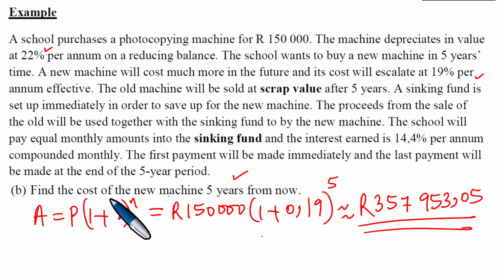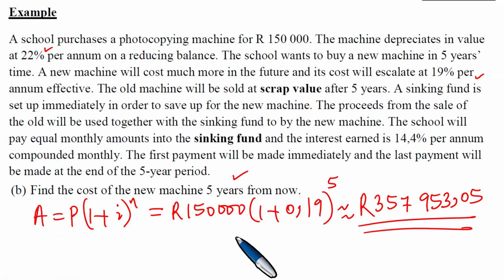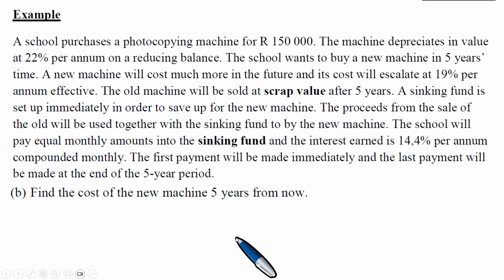If we want to find the cost of a new machine, we have to use the 19% there, and we're able to see that it is exactly 357,953 Rand and 5 cents. Next question.